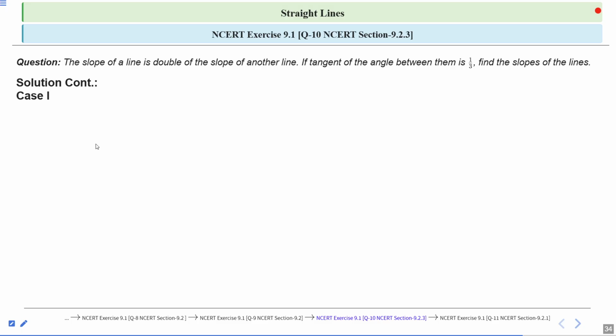Now case 1: 1/3 is equal to minus m divided by (1 plus 2m square).